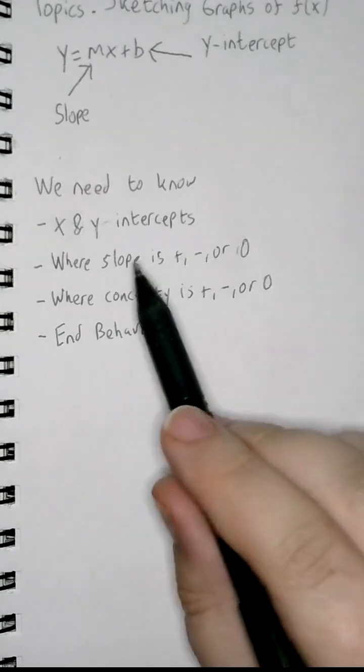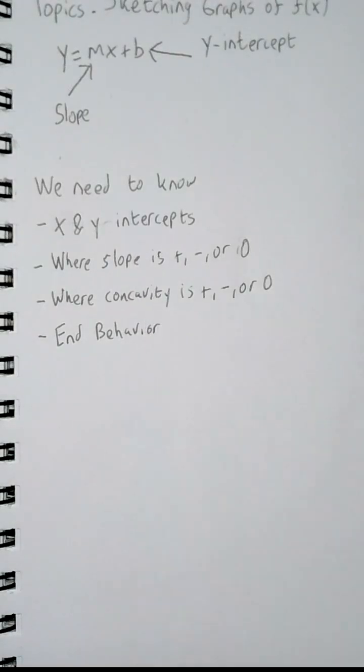So if we know these four things, we can graph the function, or at least try to, or have a more accurate depiction of the graph. Now, I'm going to be honest, this is the part where I'm going to give you the warning. I can't draw very well. So I apologize in advance for having to subject you to my awful drawings.